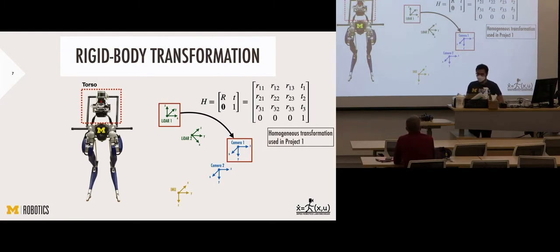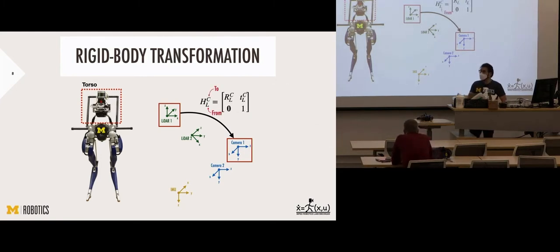So that's the same thing. And because now we have two frames, right? We have a LiDAR frame, and we have a camera frame. So we use the subscripts to denote from which sensor to which sensor. So that's H sub L sub T, sub C, something like that.